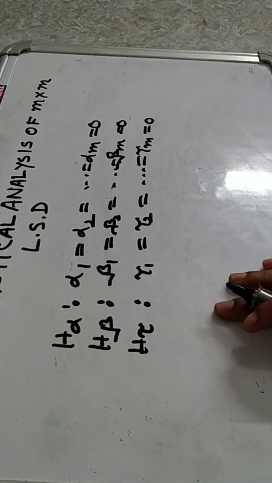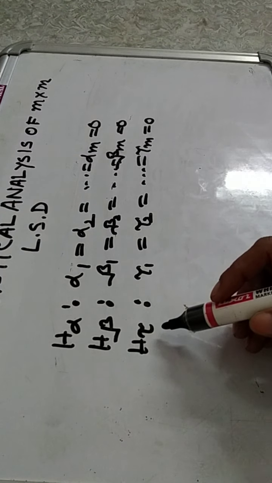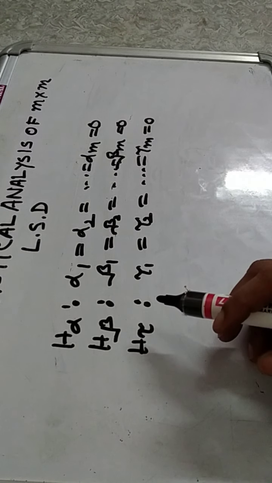The variance ratios FR, FC and FT follow F distribution with m minus 1 and m minus 1 into m minus 2 degrees of freedom under the null hypotheses H alpha, H beta and H tau respectively.